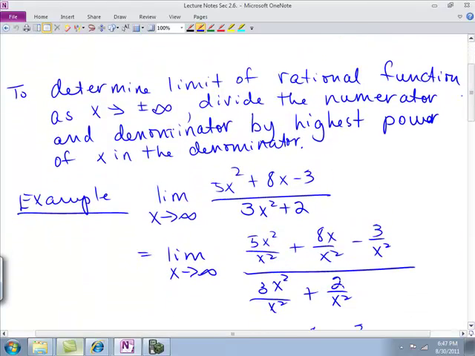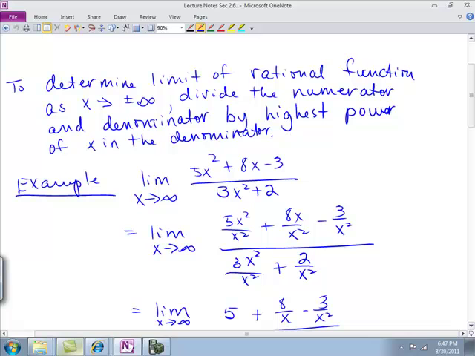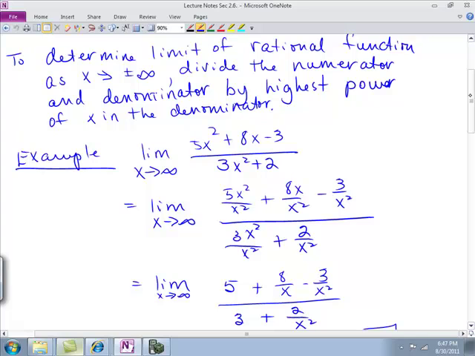There's a technique for finding the limit of rational functions as x approaches infinity. The technique is you're going to divide everything in the top and everything in the bottom by the highest power of x. So here's a problem.